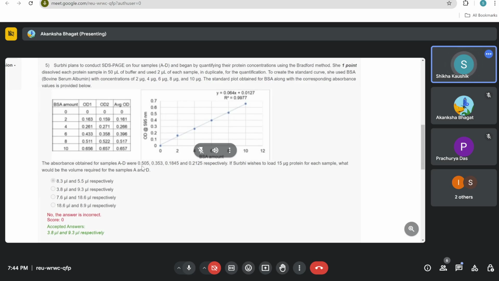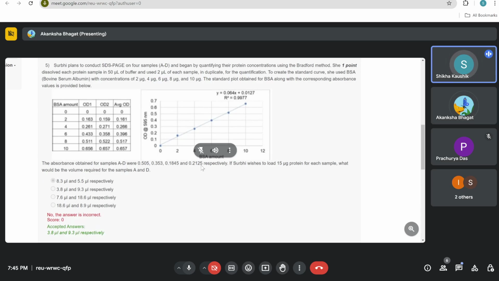A का है इतना 0.505. ठीक है, 0.505. अगर मैं ओडी देखूं, मैंने ये क्वेश्चन शायद सॉल्व भी करवाया आपको. अगर आप ओडी देखो, दिस इज बीएसए और ये आ रही है अप्रोक्सीमेटली 8 के पास, राइट? Approx 8 के पास आ रहा है मतलब इसके अंदर 8 म्यूजी प्रोटीन तो होगा आफ्टर दिस मच डाइल्यूशन.